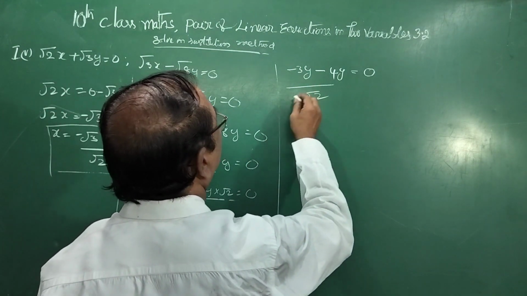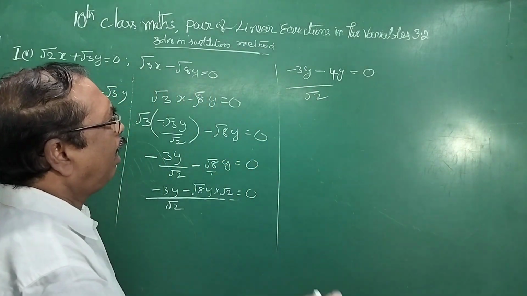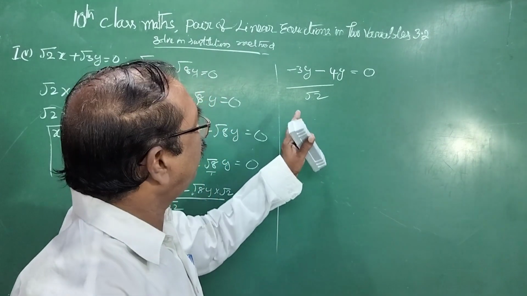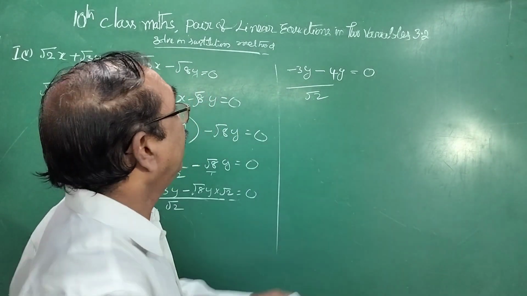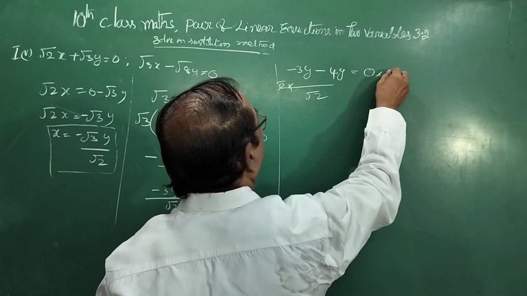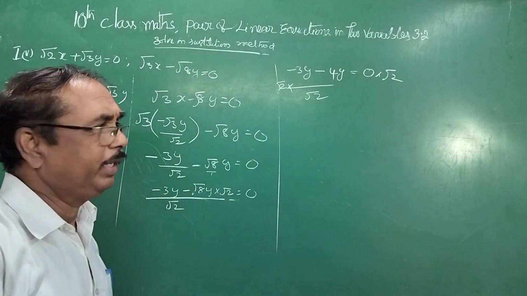Now let us see cross multiplication. The denominator is root 2 here, and there is no denominator on the other side. Let us multiply with root 2 in order to cancel. Both sides we have to do, isn't it?